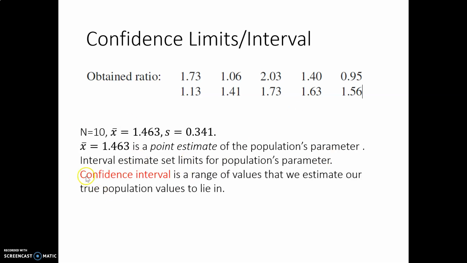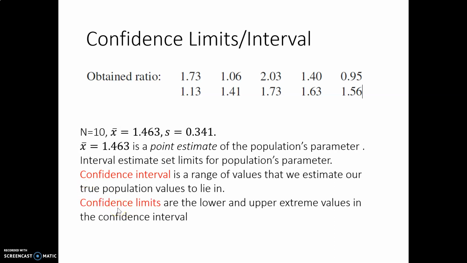And right now, I'm going to talk about the confidence interval. So the range we just talked about is actually this confidence interval. In other words, this confidence interval is a range of values that we estimate our true population value to lie in. And the upper and lower limits of this confidence interval, we call confidence limits.